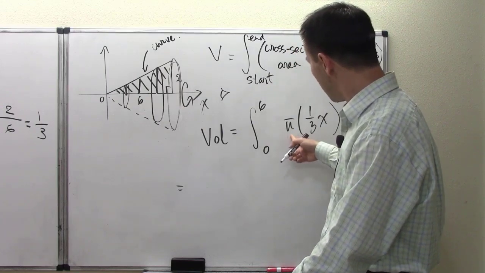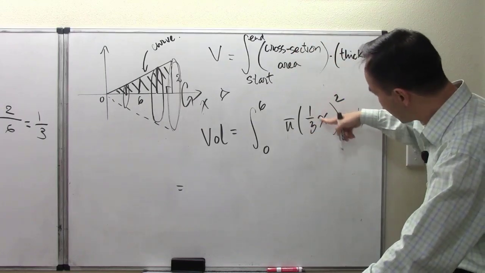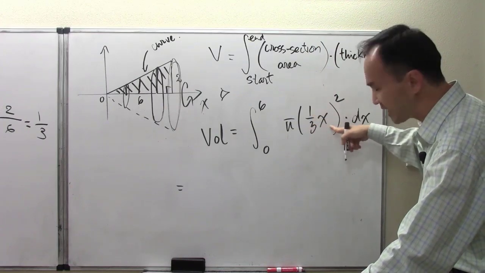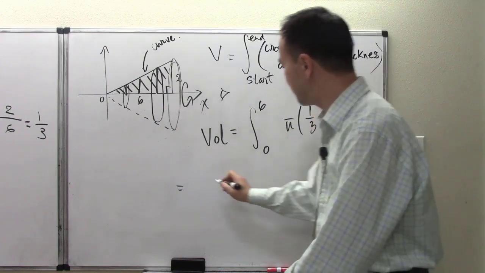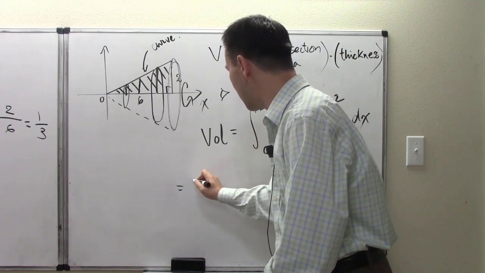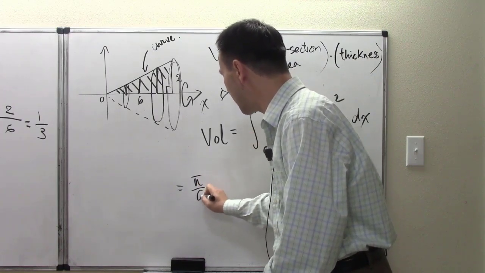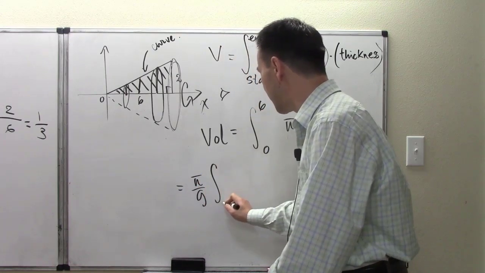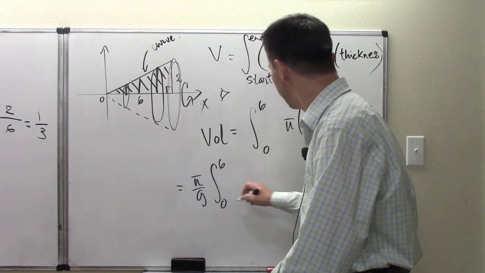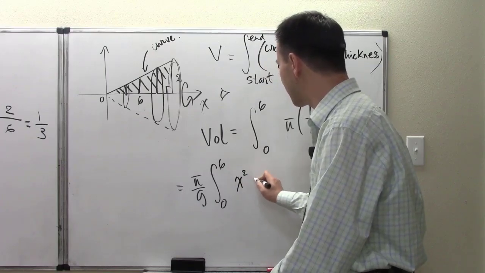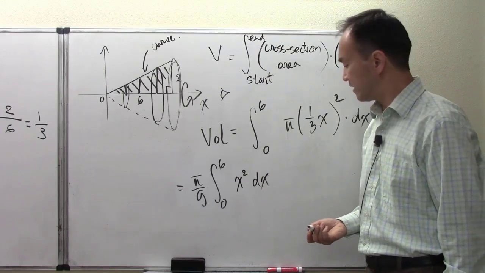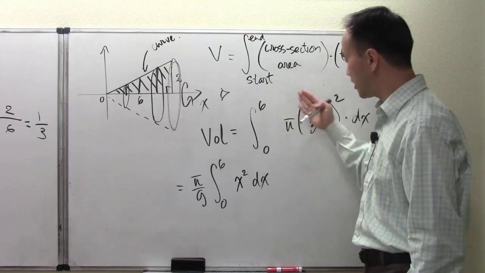Pi is a constant coefficient, and 1/3 x is all inside of the square, so algebraically it's 1/9 x squared. I can pull out 1/9 times pi, so it's pi over 9, and the integral from 0 to 6 of simply the x squared function. Now you can see how simplified we have brought our integral down.